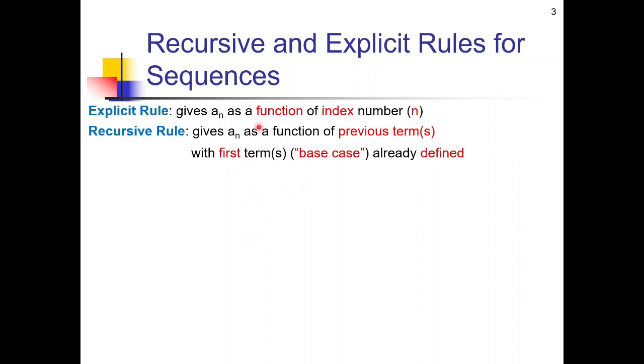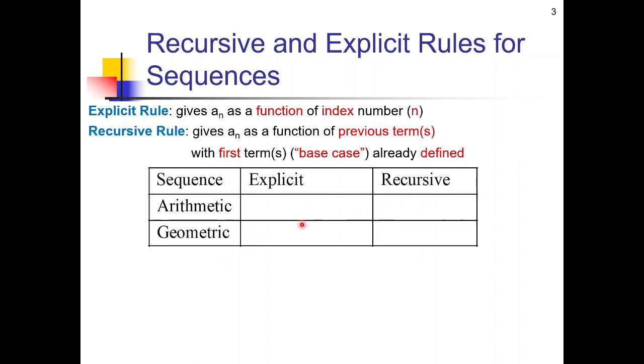So just to give you a flavor of the difference between these two rules, let's take a look at some explicit rules for arithmetic and geometric sequences and see how the recursive rule compares to those. So I made a little chart here. The arithmetic explicit rule, you might remember this one, that's a sub n equals a sub 1 plus d times n minus 1. With a recursive rule, instead of starting with the first term and then adding the common difference times the number of terms minus 1, you're starting with the last term.